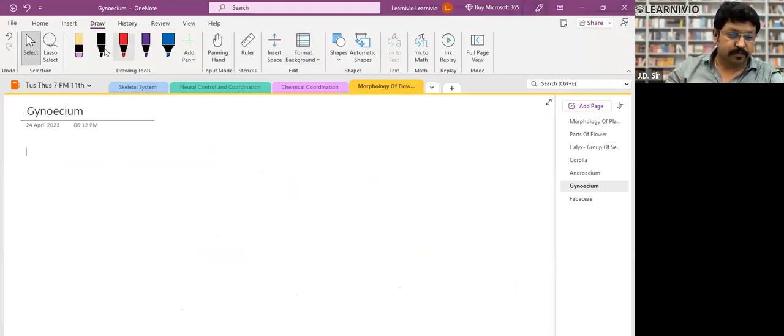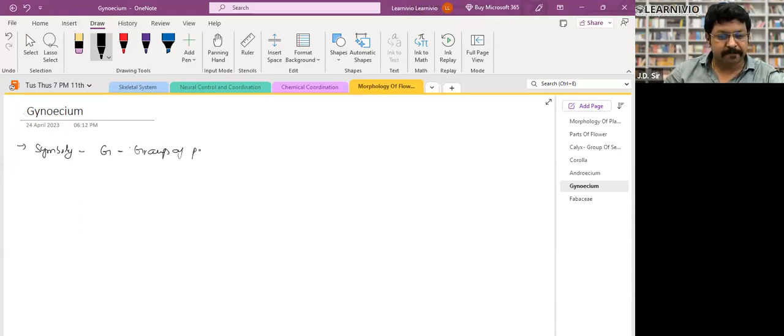Its symbol is G, and gynoecium is the group of pistils, or a single pistil, that is called gynoecium. What are the types of gynoecium?